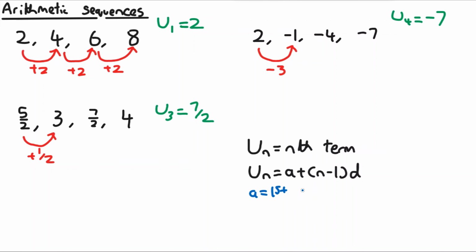Another way you could say it is u1. And d is the common difference, which we talked about already. For this first sequence, it would be the +2. It's whatever the common difference is between each term.